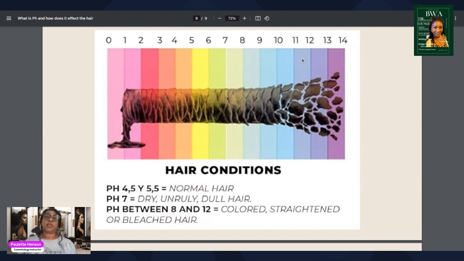So the best thing to do is rinse it with warm, tepid water. You want to apply a conditioning shampoo that is going to fill in all of these spaces and bring that pH level back to a normal state.